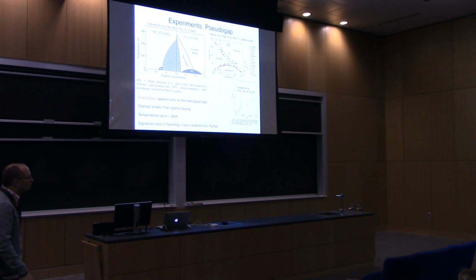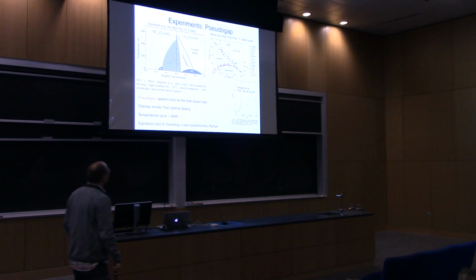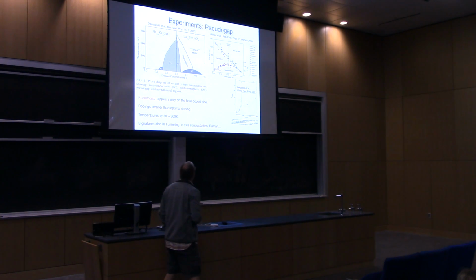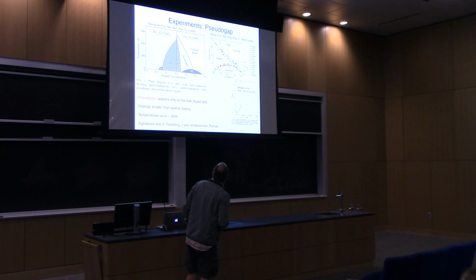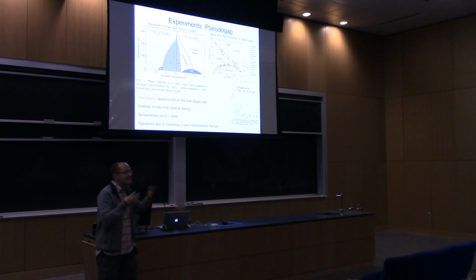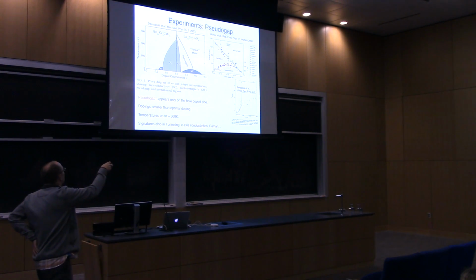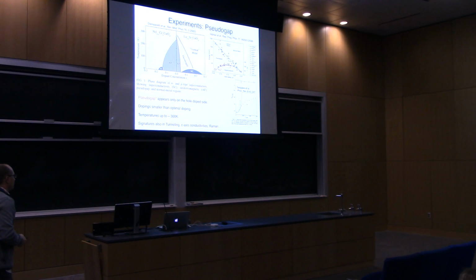And no matter what experimental probe you throw at this, and up here I have all of this from ARPES to STM to various other types of experiments, you're going to find a signature of the pseudogap. This here is a collection of plots of many of these things.